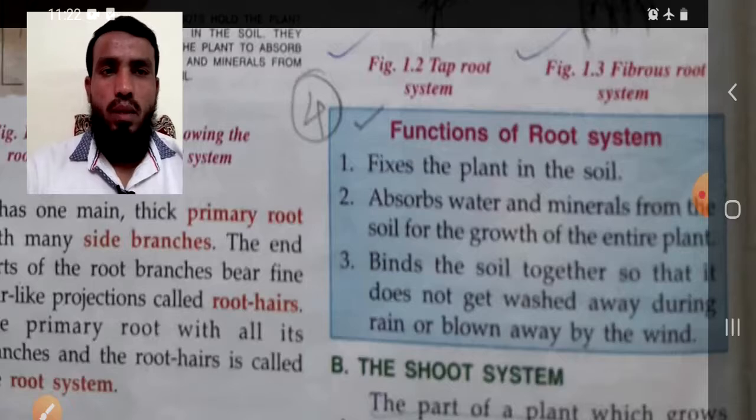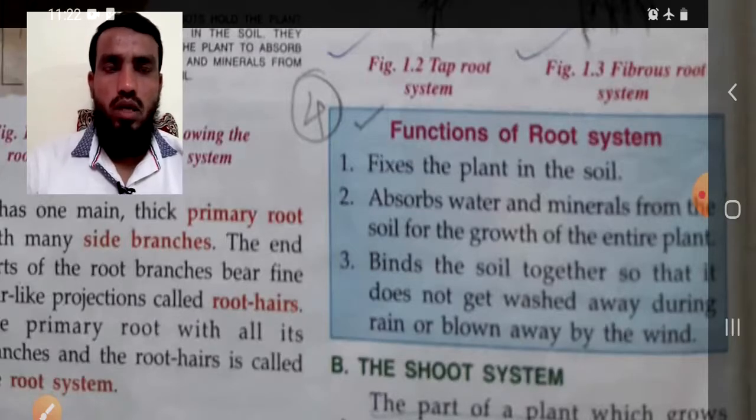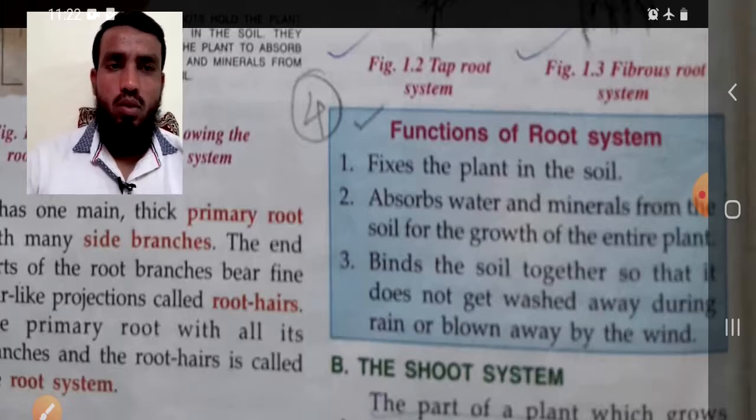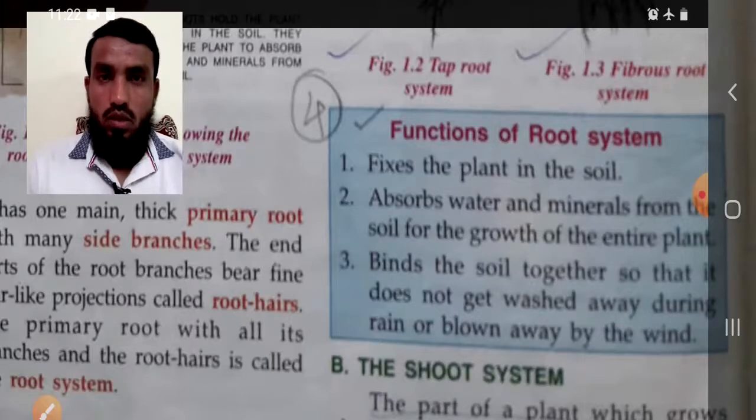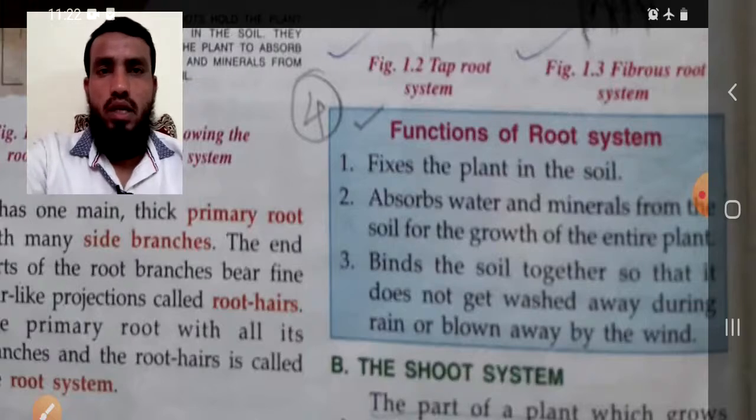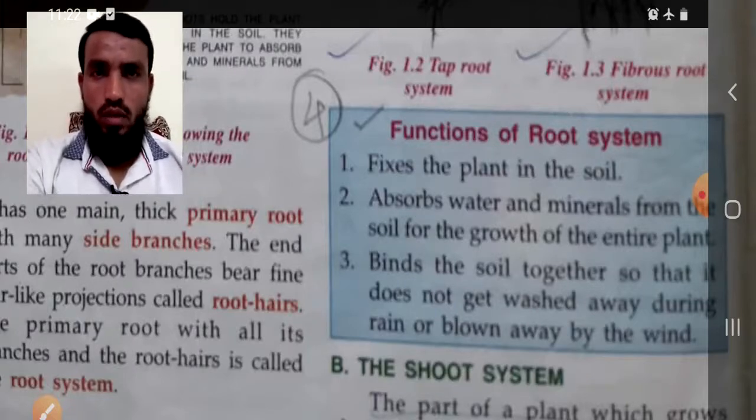Number three, binds the soil together so that it does not get washed away during the rain or blown away by the wind. It is also helping to stop soil erosion. Soil erosion means the soil or the humus layer that contains more nutrients in the soil.